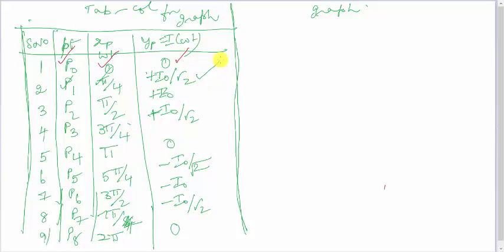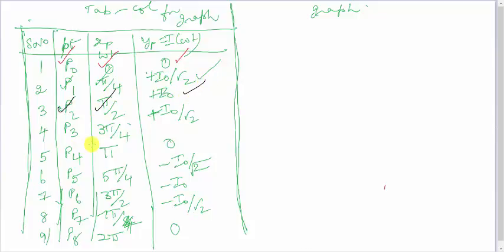For the third point, P2, pi by 2 x coordinate, and this is the y coordinate.